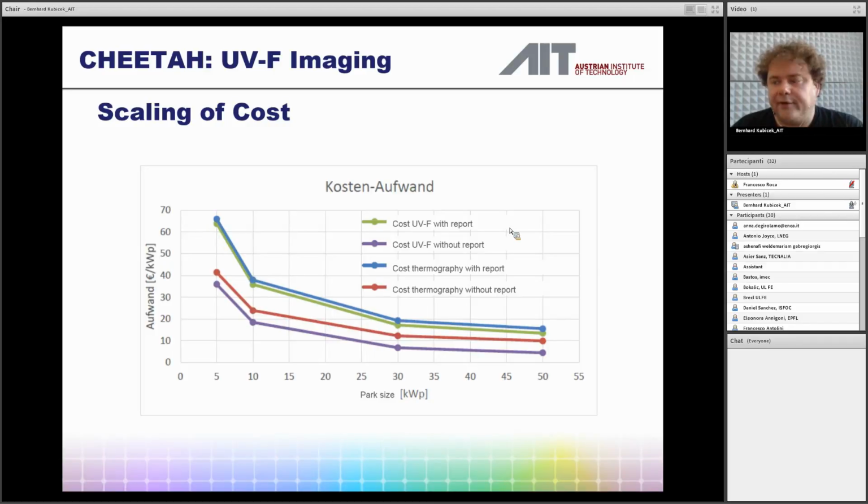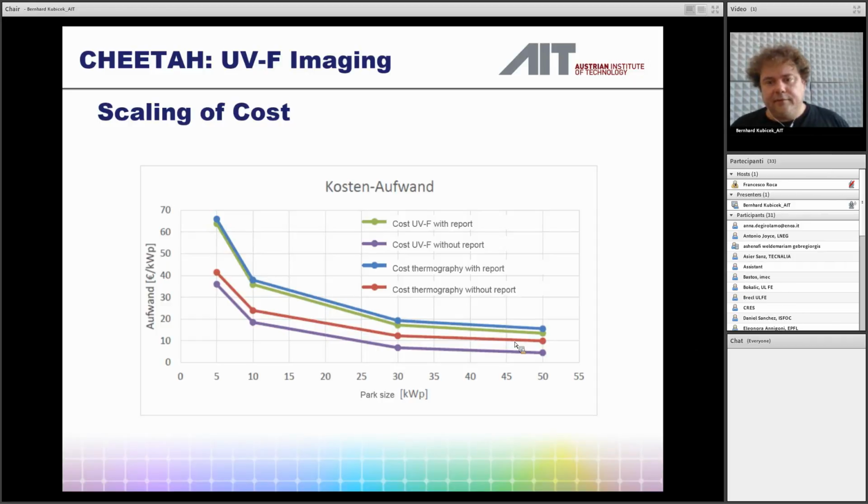Even with the thermography, it's a lot more work than if you just run through and look and mark modules that have problems. If you just run around and investigate things, UV fluorescence is faster than thermography, in my opinion, because you can just run through at running speed.